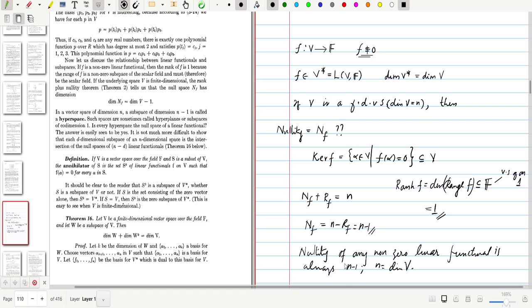So now we generalize, or we introduce a definition for this kind of subspace.